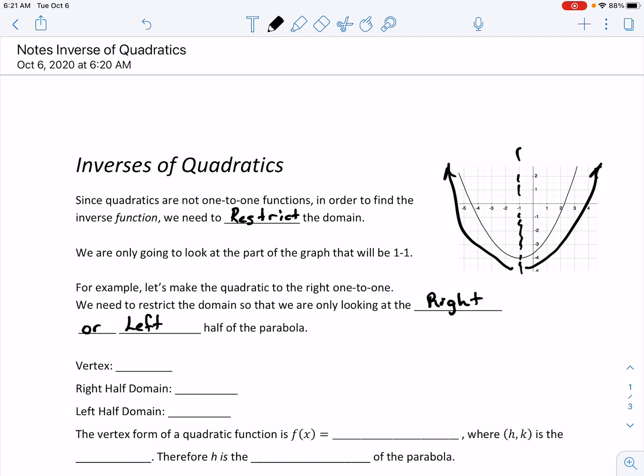Okay, so when we look at the vertex, that we call h comma k, the right half will be the part where the x values are greater than or equal to h, and the left half would be less than or equal to h. So your h value is the x value of the vertex.